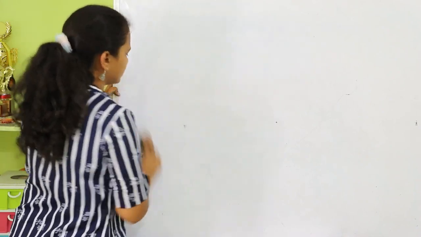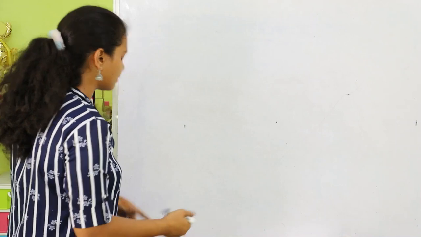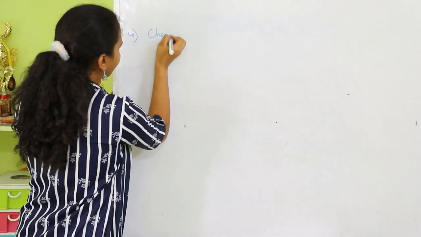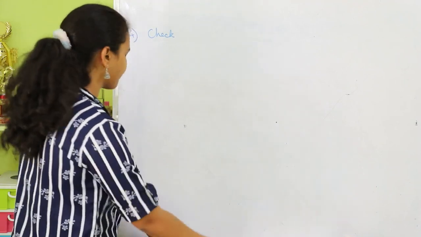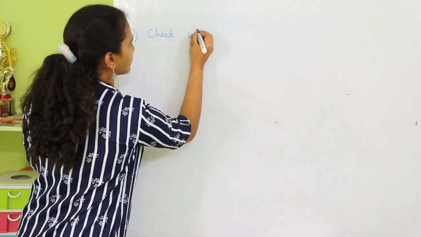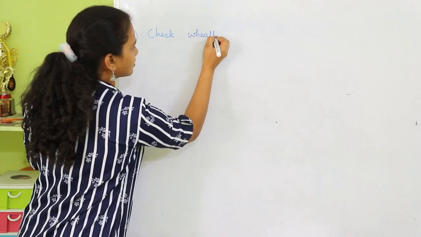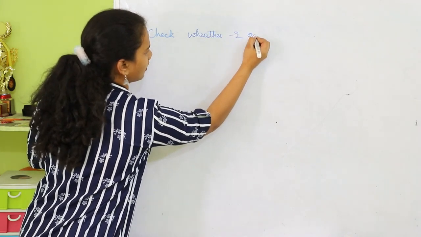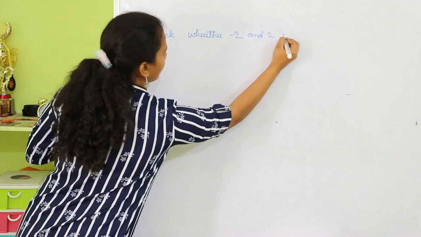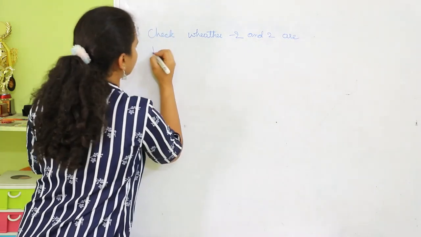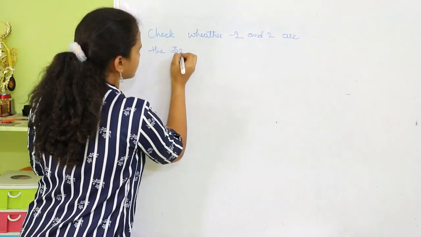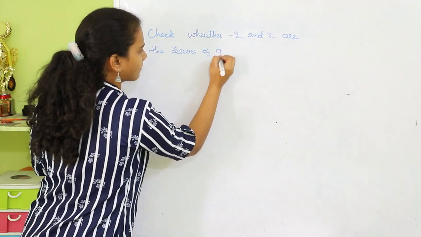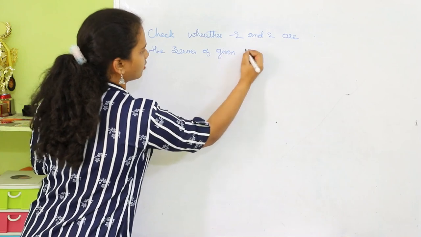So the fourth question is: check whether minus 2 and 2 are the zeros of the given polynomial.